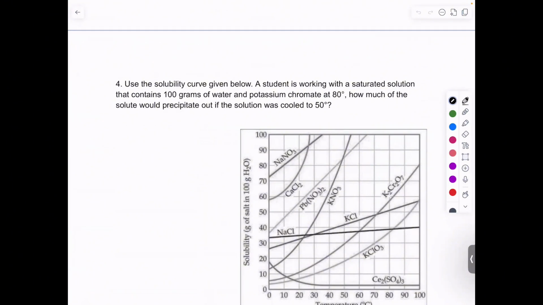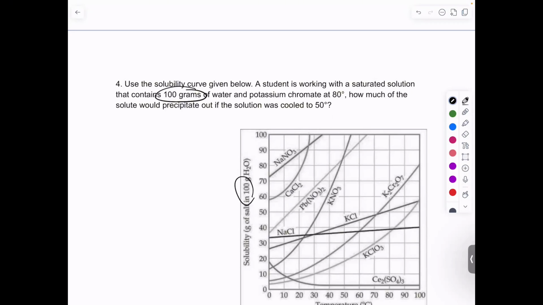So a couple things to note here. We have a solution in 100 grams of water. Always make sure on the y-axis of your solubility curve that we're dealing with 100 grams of water, so they match. Then we can use this curve here.